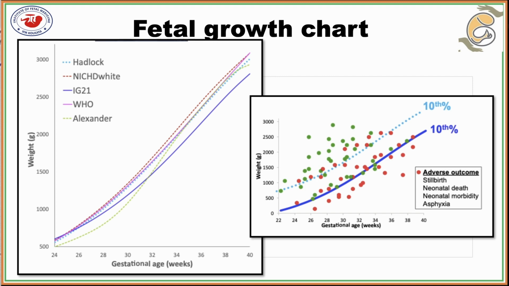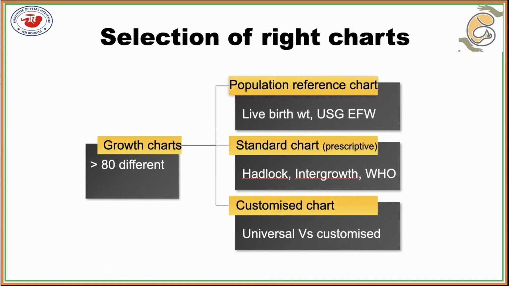Okay, thank you. Now there are a lot of growth charts, more than 80 different growth charts. They are broadly classified into either population reference chart, where they use live birth weight or ultrasound based estimated fetal weight, or the standard chart, the prescriptive terminology which we use for the standard chart, which includes your Hadlock, Intergrowth and WHO.